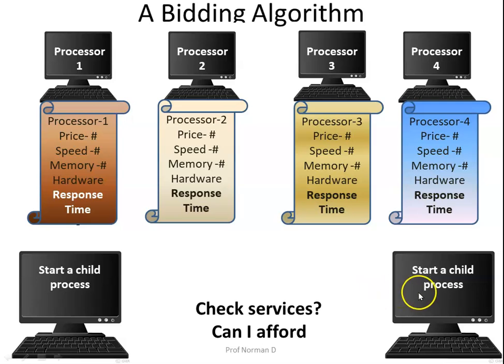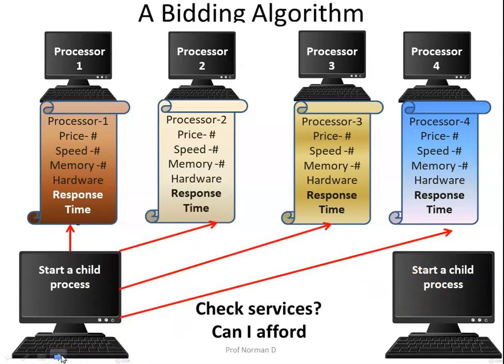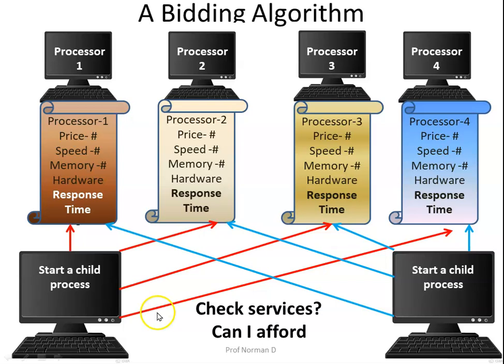So what these systems will do is go around checking which system is currently offering the service that it needs. So system 1 will check over here and system 2 will also check. So finally it then determines the set of processors whose services it can afford.